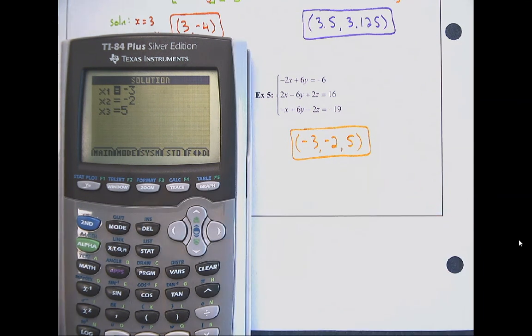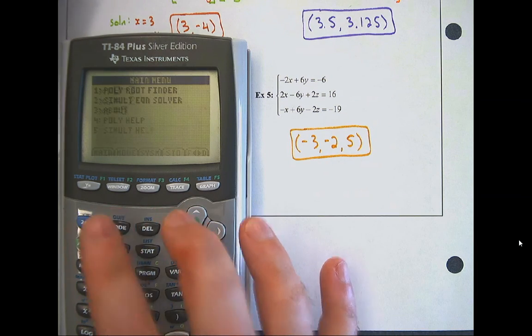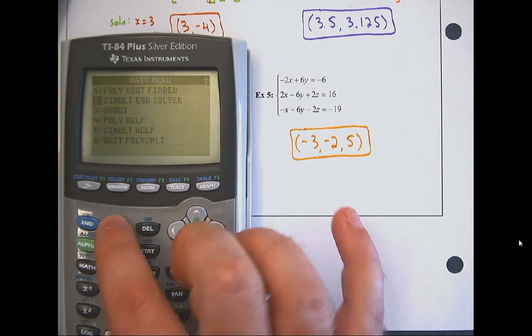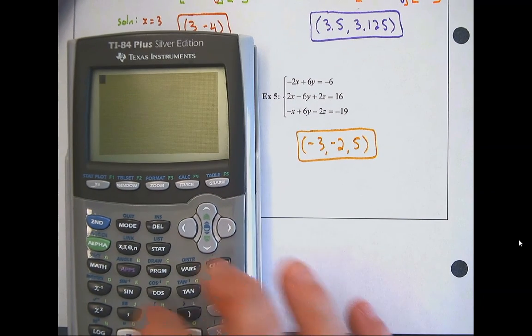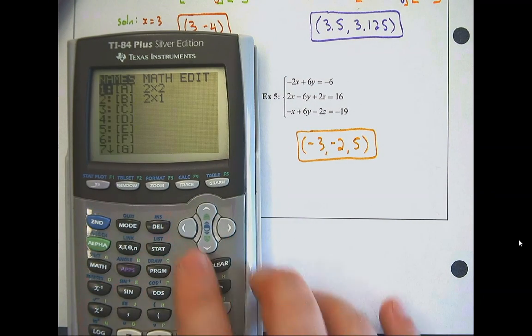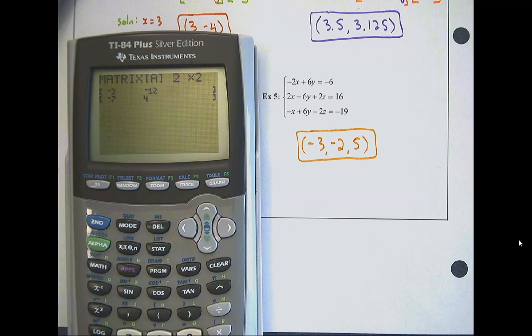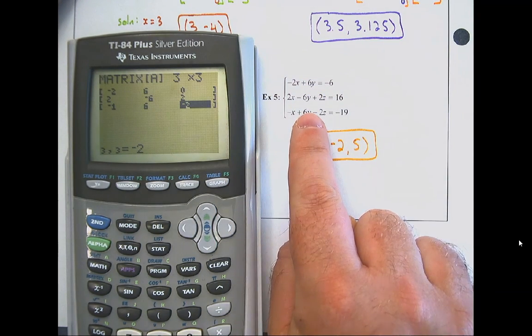Now let's say I did that with A inverse B. So I just keep hitting quit to get out. Second quit, second quit, second quit. Now I'm going to go second matrix. This time I'm going to make a 3 by 3. Negative 2, 6, 0, 2, negative 6, 2, negative 1, 6, negative 2. I just put in all the coefficients.